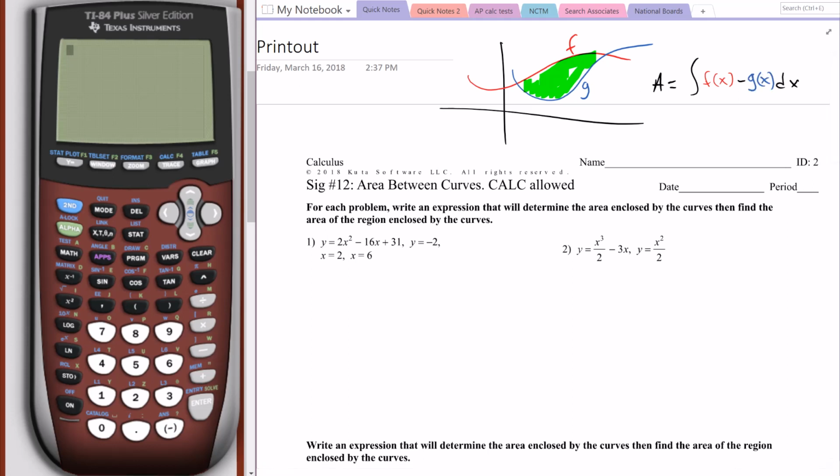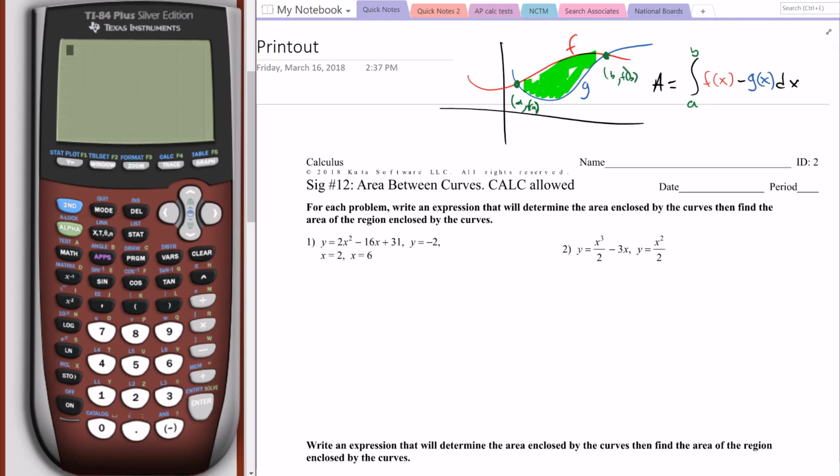And then there's also a and b, which, in order to find those, you'd have to find the points of intersection, unless the problem specifically gives you the left and right bound.